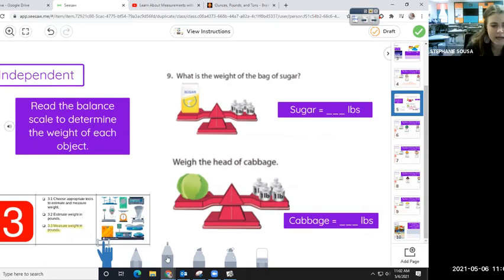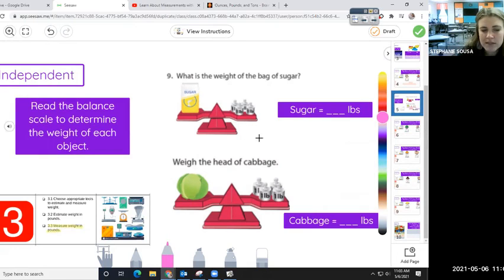Okay, let's look at this one. Read the balance scale to determine the weight. Okay, we've got sugar. Over here, these say 1 pound. Let's count how many there are. 1, 2, 3, 4. So this is a 4-pound bag of sugar.